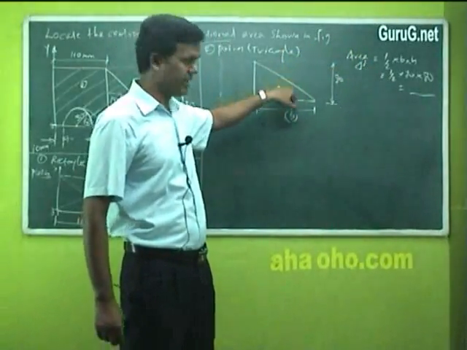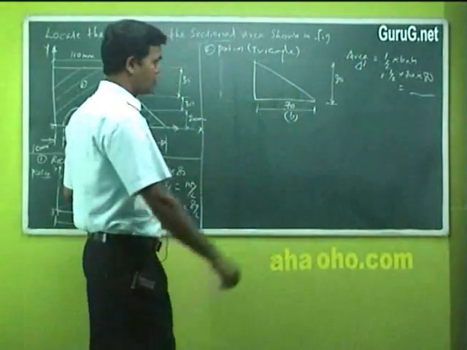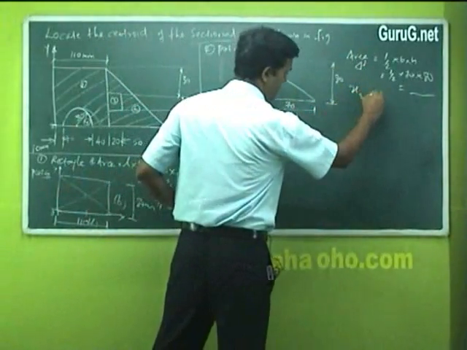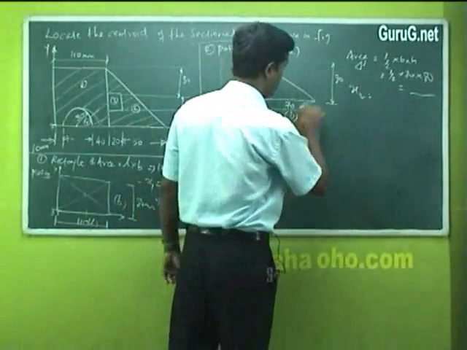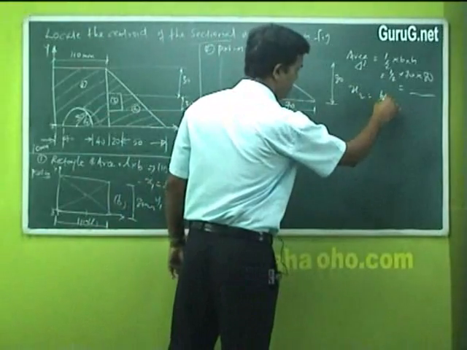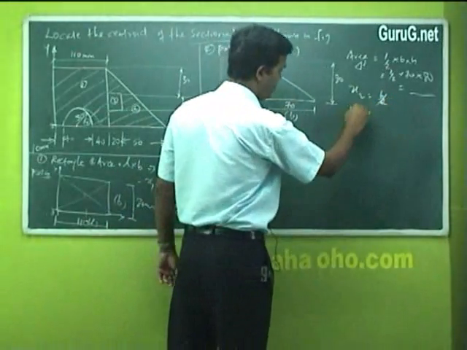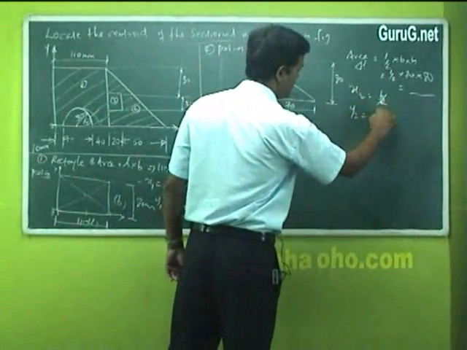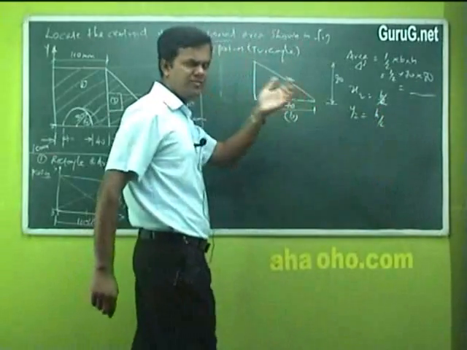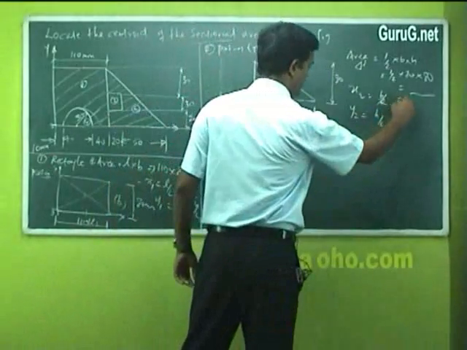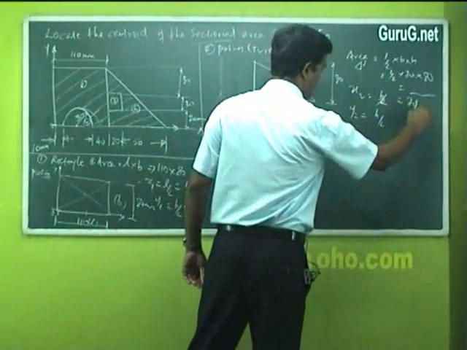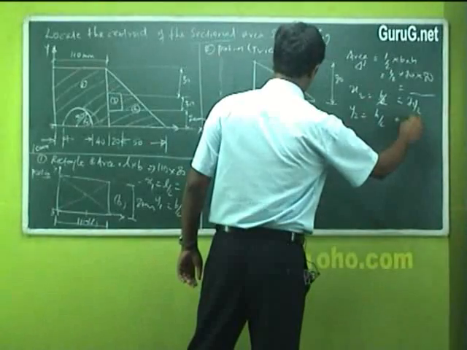So center of gravity for this triangle, that is x2. Again this formula, it is b by 2, and y2 is h by 2. This is based on the formula. If the formula changes, you have to change the value accordingly. So this b by 2 is 70 by 2 and 80 by 2.